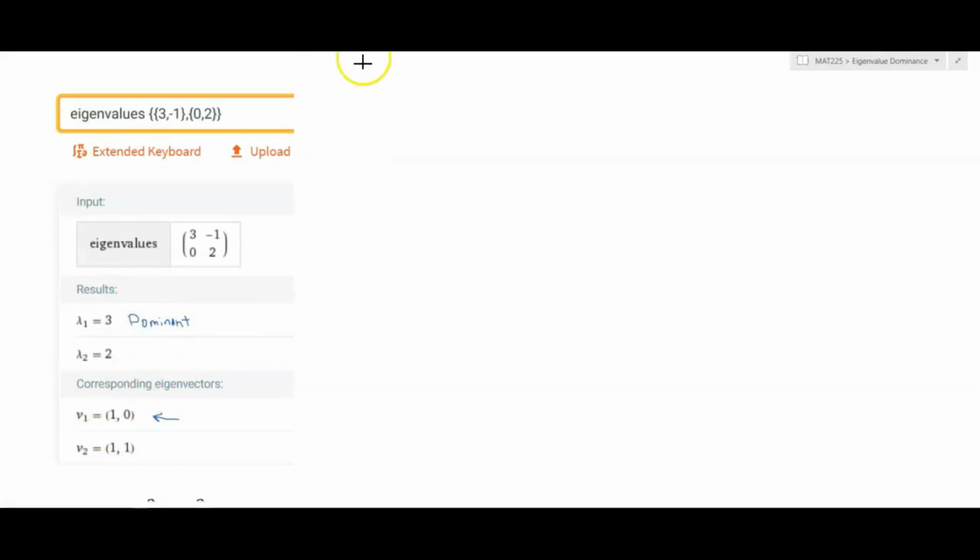So what we're saying essentially is that it doesn't matter what vector you start with, provided that it's not already an eigenvector, progressive multiplications by A will cause this vector to rotate. So if this is my x naught, then multiplication by A, maybe one time, will rotate and stretch it a little bit, but ultimately this vector will rotate in the direction of the dominant eigenvalue, which is in the direction of (1, 0).